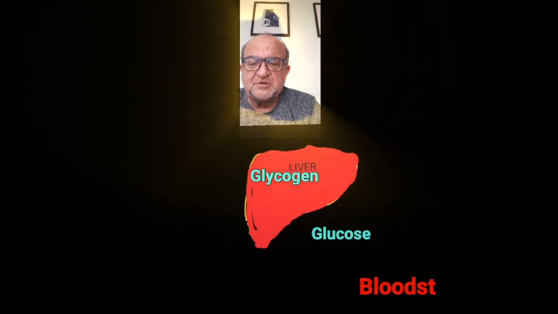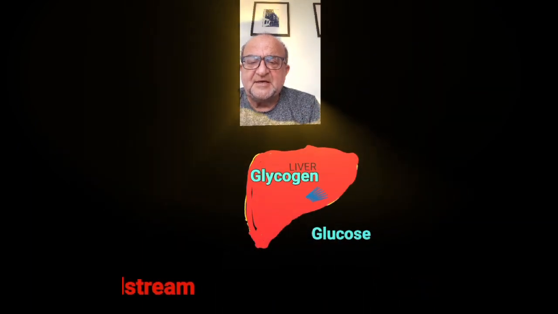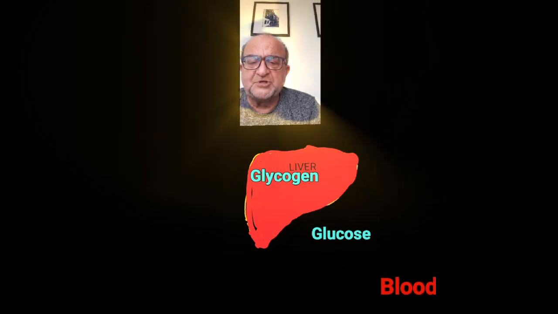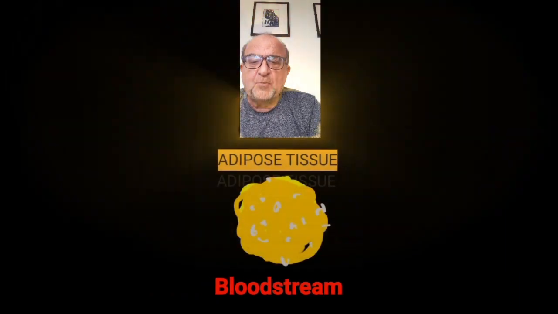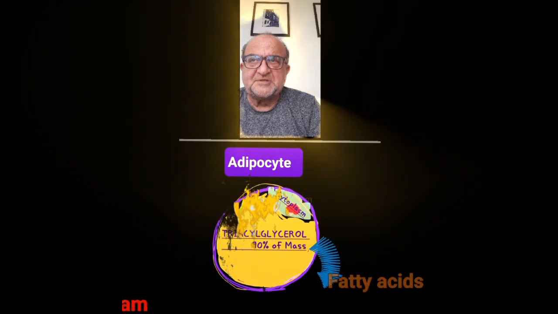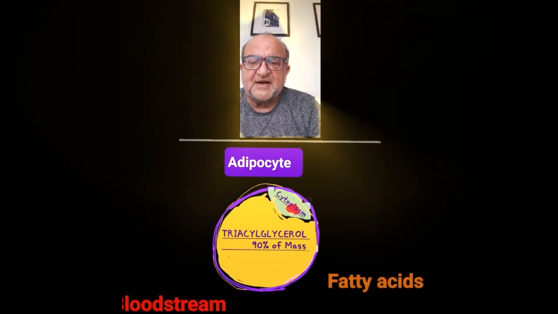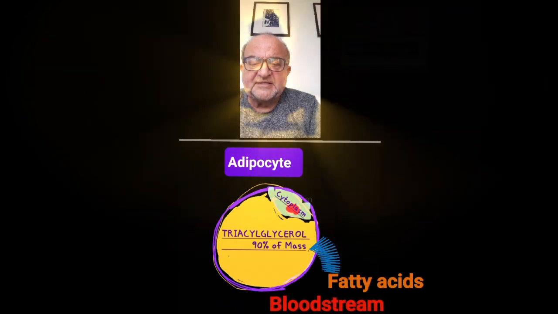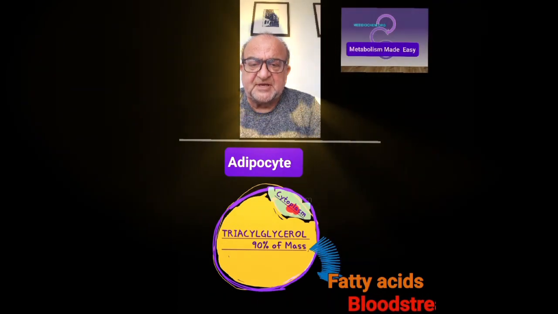Glucose is mobilized from the liver's glycogen stores and released into the bloodstream through a process called glycogenolysis. Fatty acids are mobilized from adipose tissue, which stores fat in the form of triglyceride or triacylglycerol and releases it to the bloodstream during fasting.